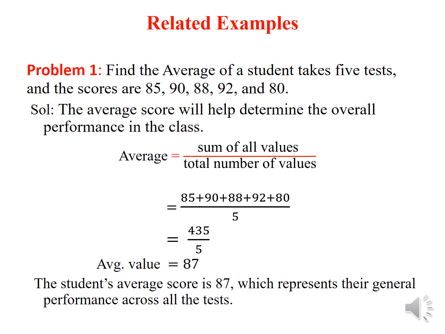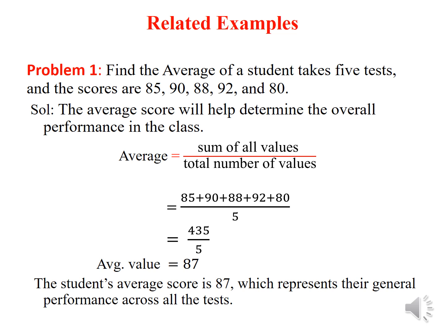Look into the solution. Average score will always help to determine overall performance in the class. In order to find out the average, as we all know the formula for average, that is sum of all values by total number of values. Just write down all values. Just add all the given values, that is 85, 90, 88, 92 and 80, and divide by, if you look into the question, the total numbers are 5, so divided by 5.